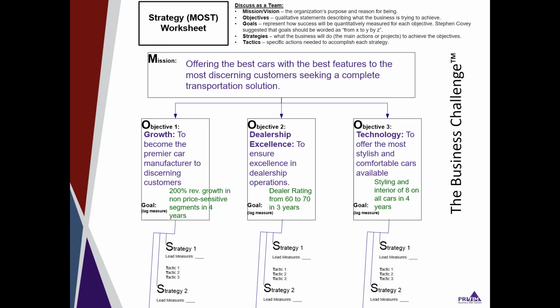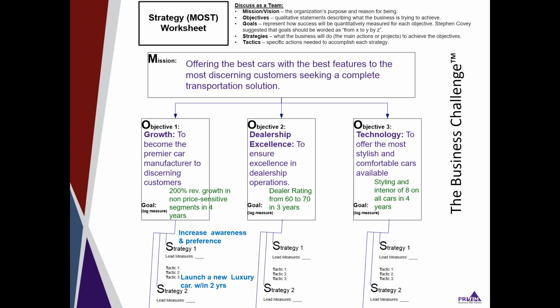Now if we start talking about strategies, we can say our lead measures, things we can measure along the way as we make progress to the lag measure that we either achieve or not, 200% revenue growth. Well, we can do that by executing strategies that we can track over time. We call them lead measures along the way.